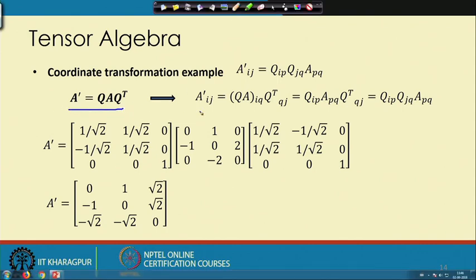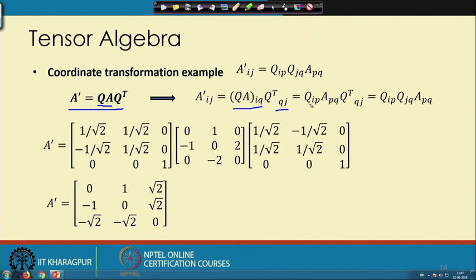We can also prove that. If I take the ij-th component of A prime, I can write it in this form: the iq-th component of Q A, and the transpose of Q, that is Q_j's component.